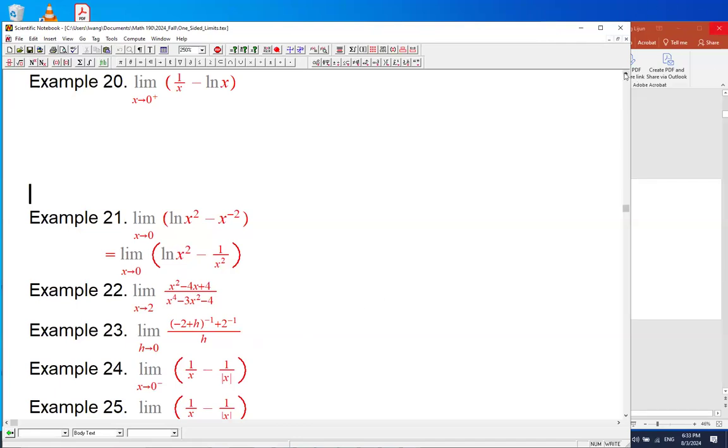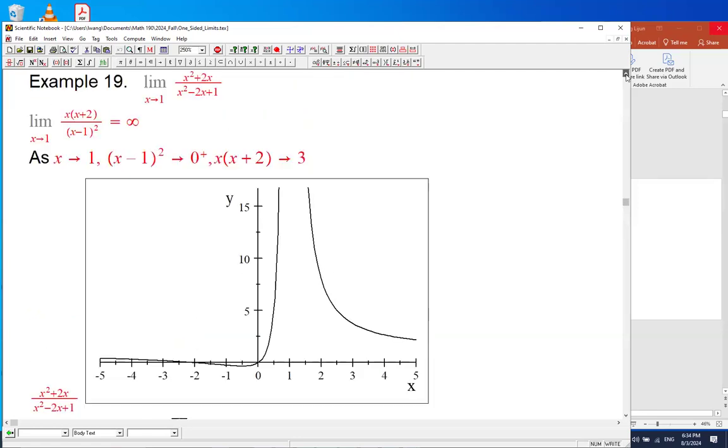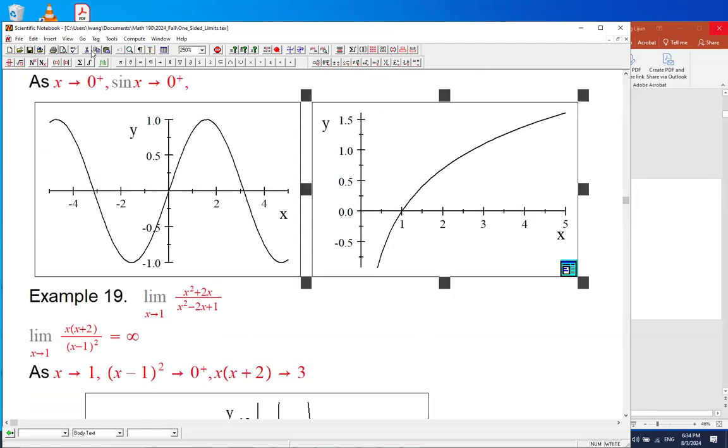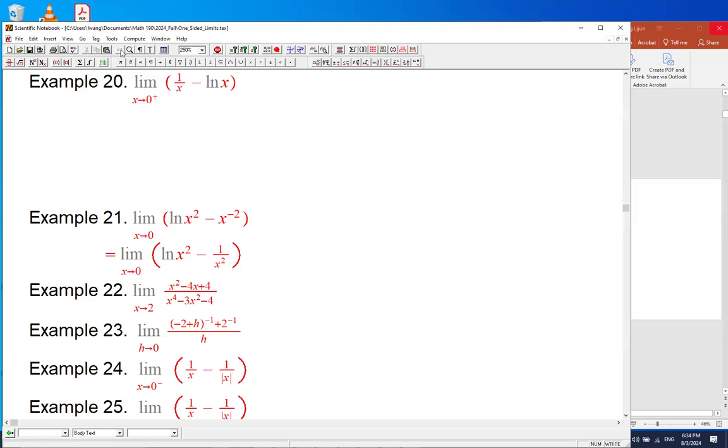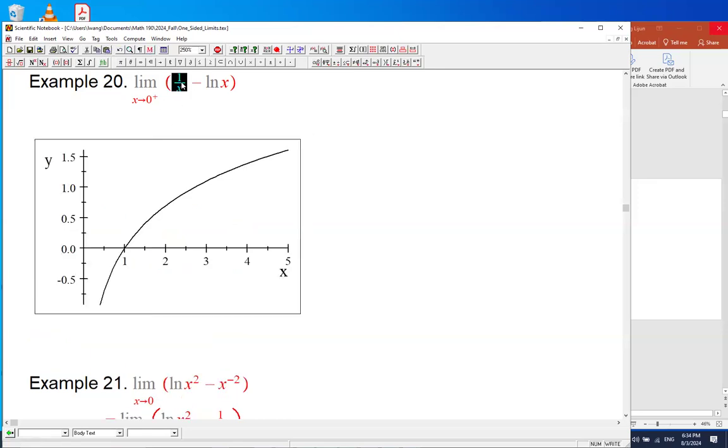Number 20 involves two functions, right? 1 over x, we're pretty familiar with 1 over x, but x is approaching 0 from greater than 0. I'm going to bring back our logarithm, ln x, so we can use it. So this is ln x, and this is 1 over x.